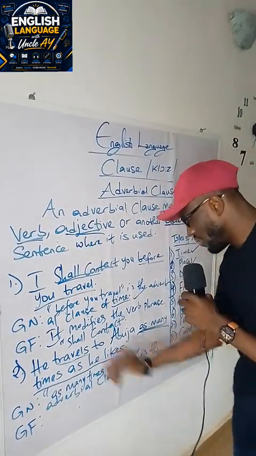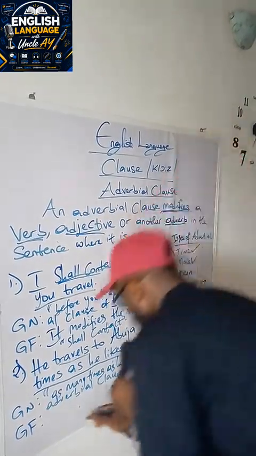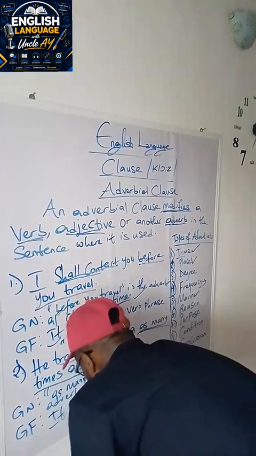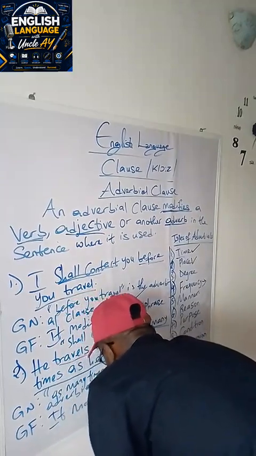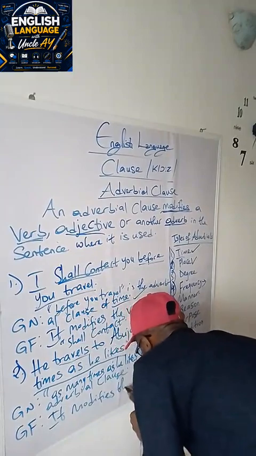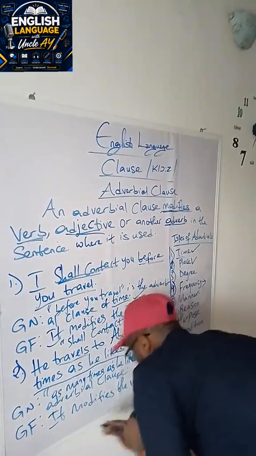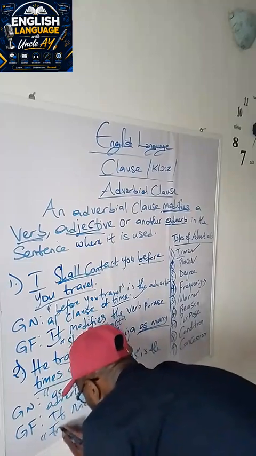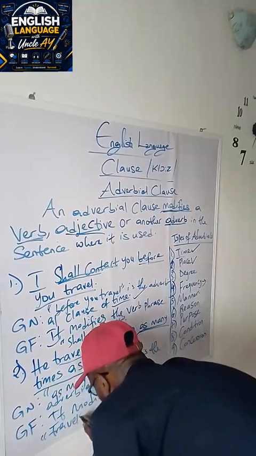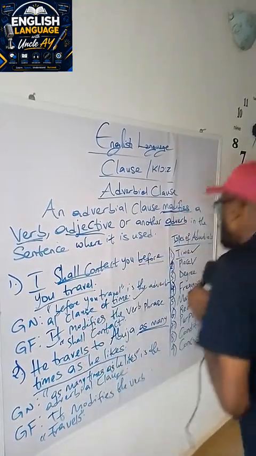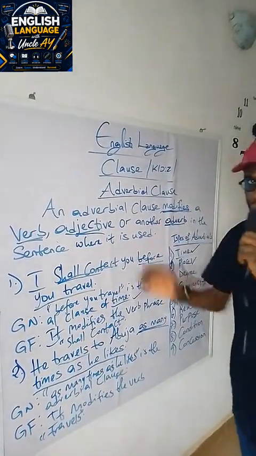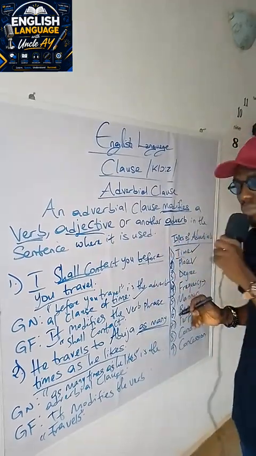So all of this here modifies what, the verb "travels." So it becomes it modifies the verb. So the verb in question is "travels." End of quotes. So this is all there is to an adverbial clause.